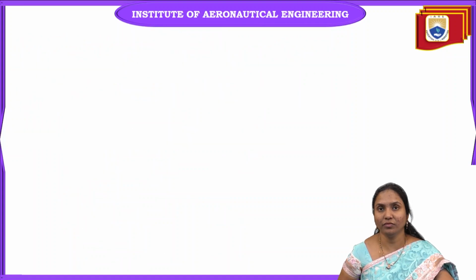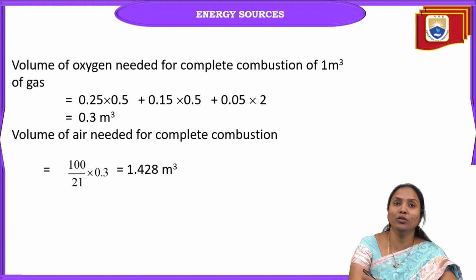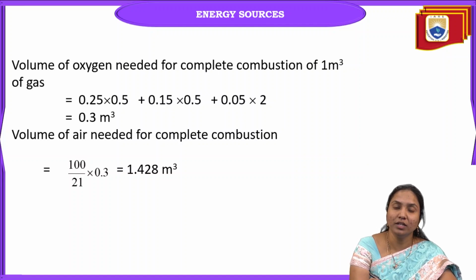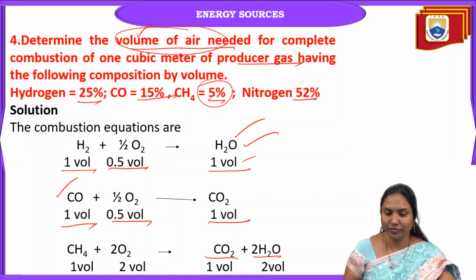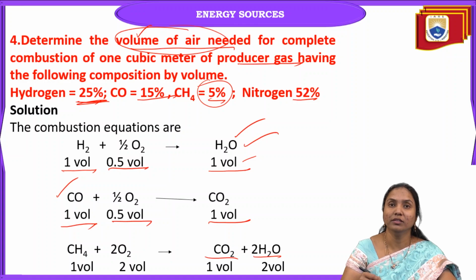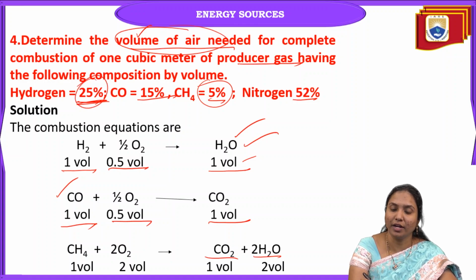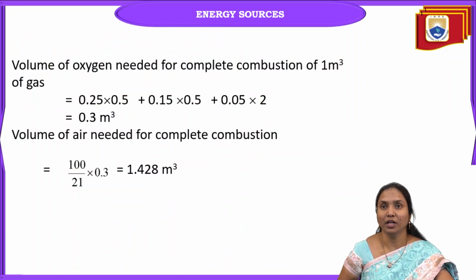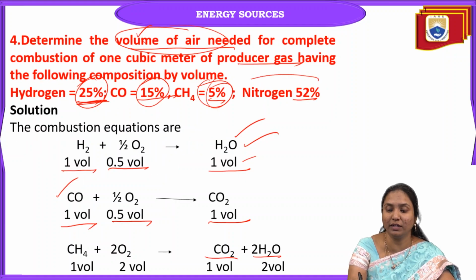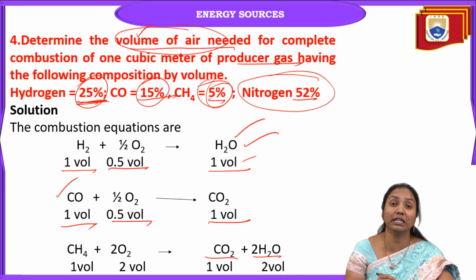Next, the volume of oxygen needed for complete combustion of 1 meter cube of gas. We take the percentages as fractions: 0.25 for hydrogen, 0.15 for carbon monoxide, and 0.05 for methane. If nitrogen is present in the fuel, we can ignore it because it does not participate in the combustion reaction and doesn't require oxygen.